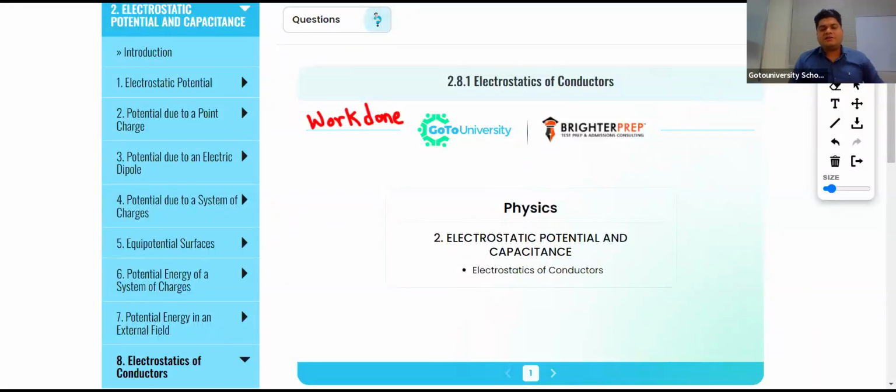Now let's dive into this topic, the sixth one, potential energy of the system of charges.